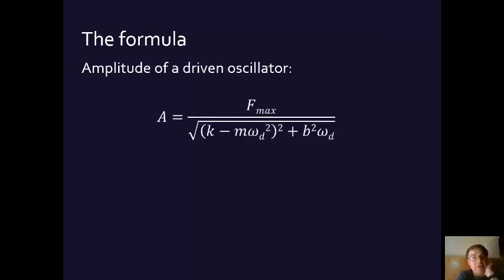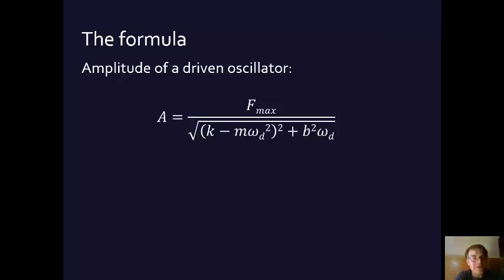Now here's the formula for the amplitude of a driven oscillator. They don't tell you how they got this formula because it involves differential equations, and I've seen other versions of this formula. This one is actually fairly simple compared to some others. It's easiest to understand if you think of the maximum force in terms of a sinusoidal function.